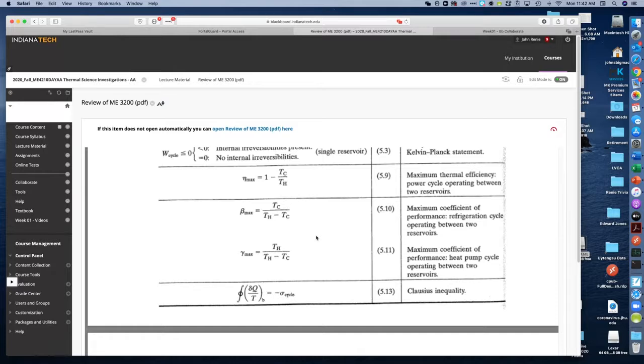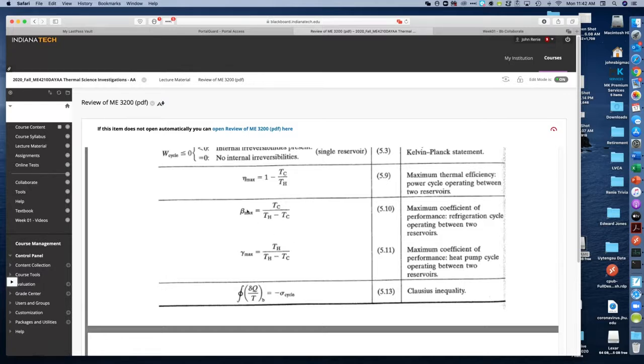So we're trying to maintain the temperature T sub C in a refrigerator by taking energy out of it into the refrigeration cycle, into the working fluid, and we're expelling it to the high temperature reservoir associated with the cycle.